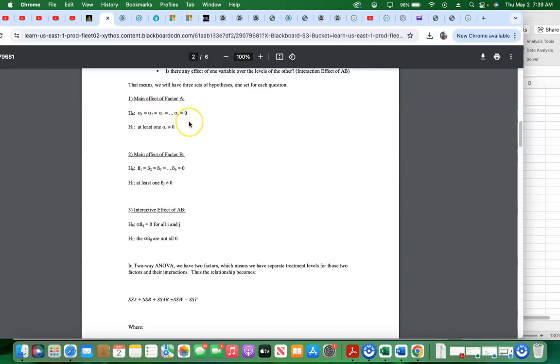So first we are trying to find out whether the groups of Alzheimer's react differently to the music. That's the main effect A. Main effect B is where we look at the different music to see if they have an effect on any of the groups.